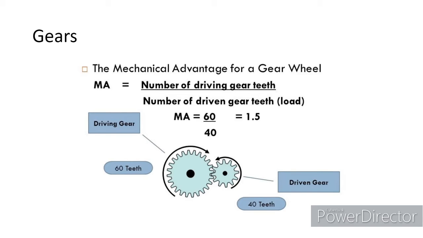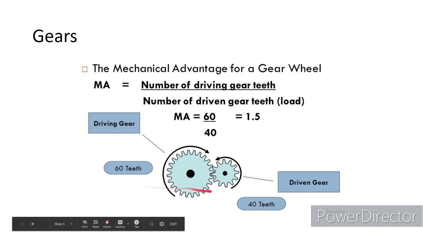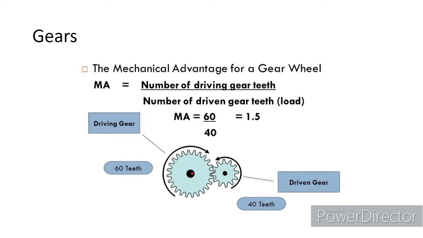And so in this case, we have a driving gear with 60 teeth and a driven gear of 40 teeth. Now this is doing the same thing where it's taking advantage of the difference, or the ratio of distances that the forces are being applied. So if you have a larger gear that your force is being applied to a smaller gear, you would be experiencing advantage.